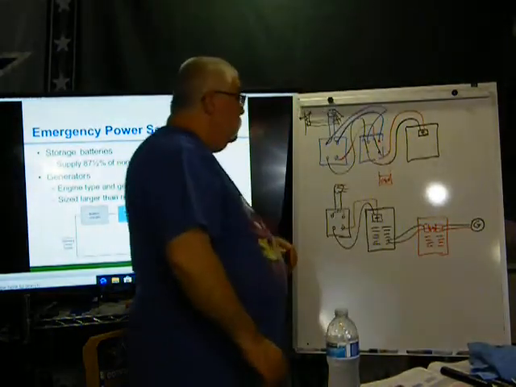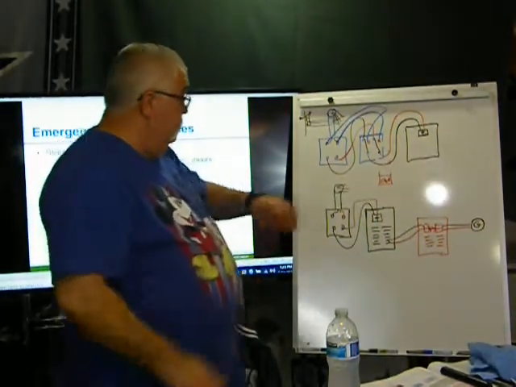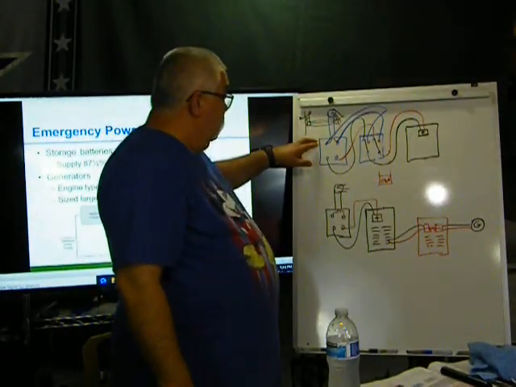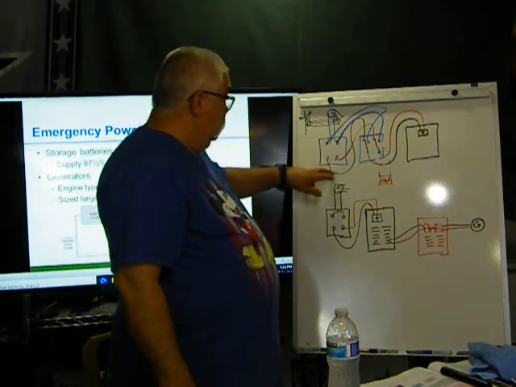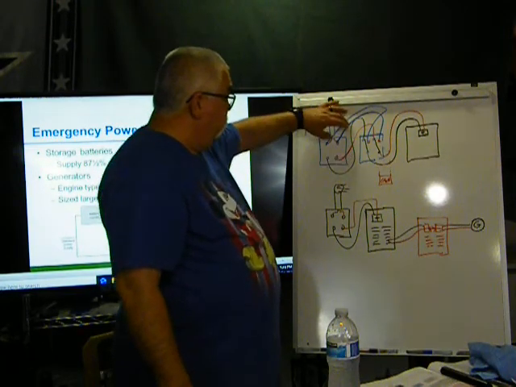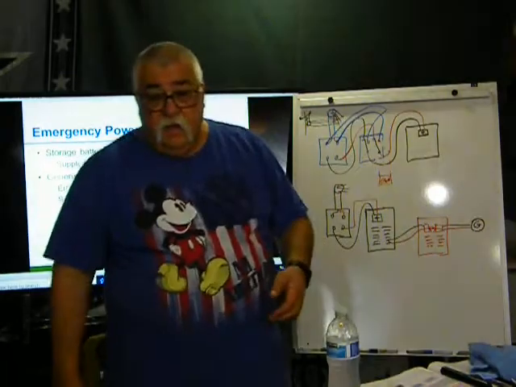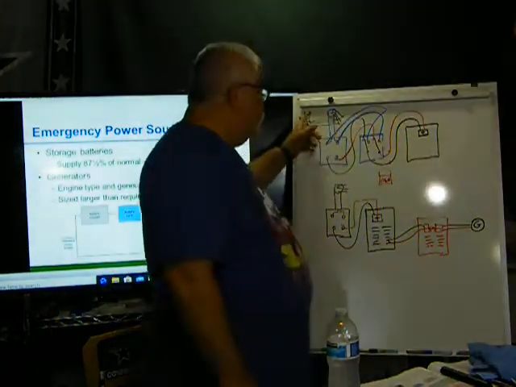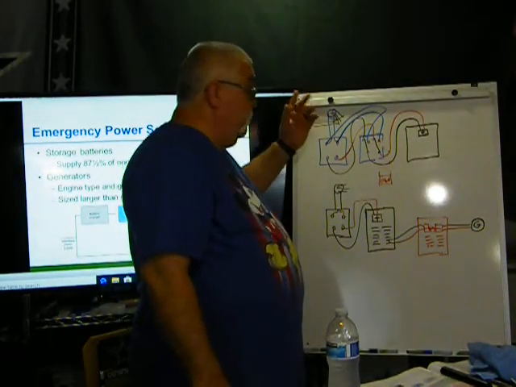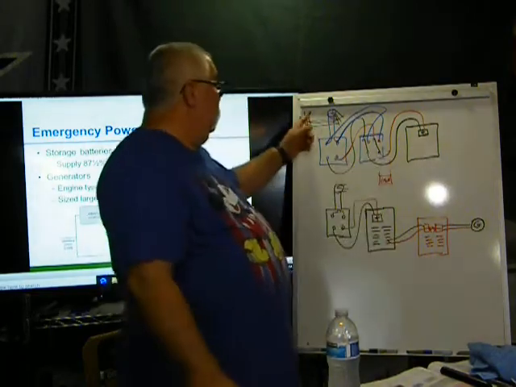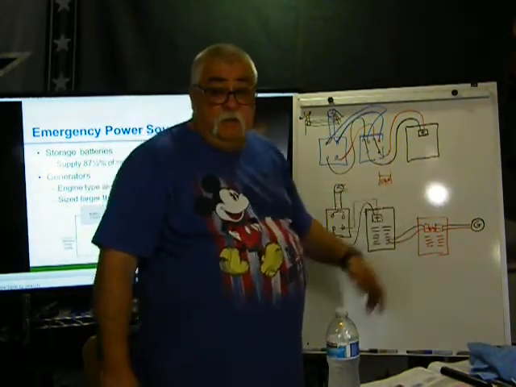So what happens is, let's say I have a problem here, I can always tap it here and it moves it over. Again, if I lose the utility, it doesn't matter where power comes from. If this is down, you're down unless you have a generator.